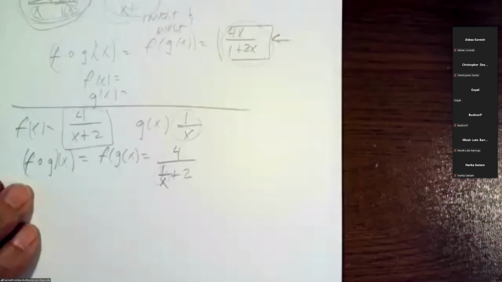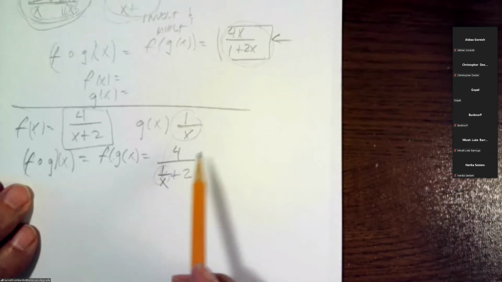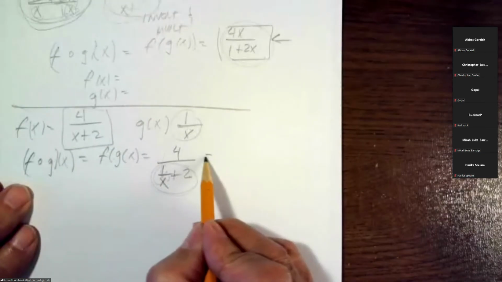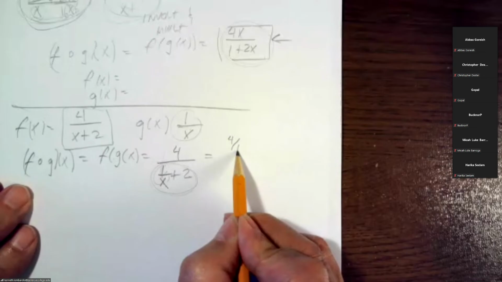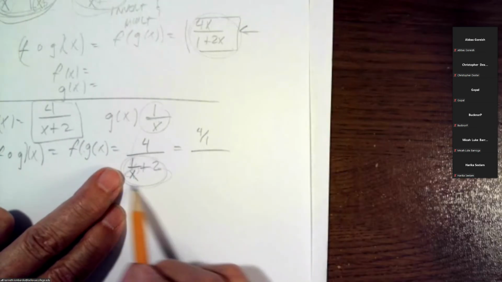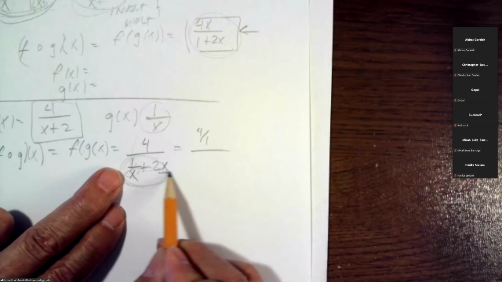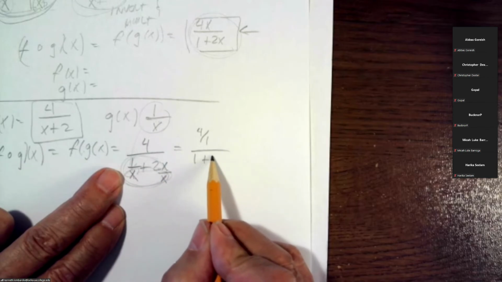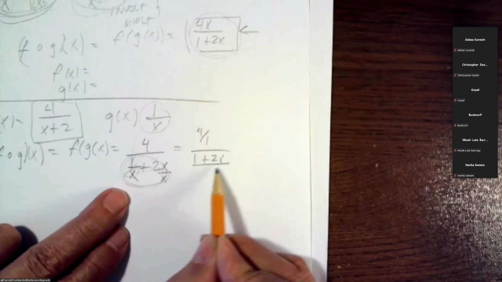Okay, so far? Yeah. Okay, now we want to simplify this denominator as we did above. So it's 4 over 1 in the numerator. Denominator, we want a common denominator down here. So I'll multiply and divide by x. So I get 1 plus 2x all over x, isn't it?